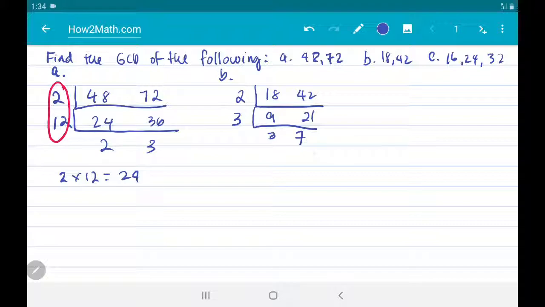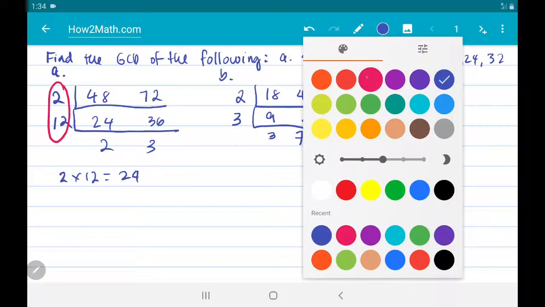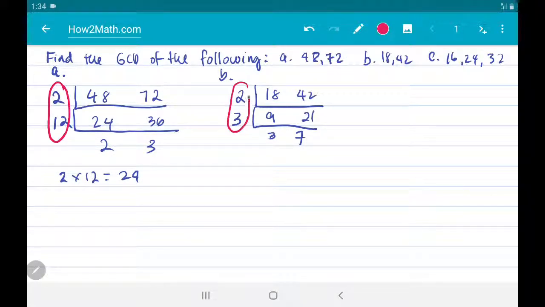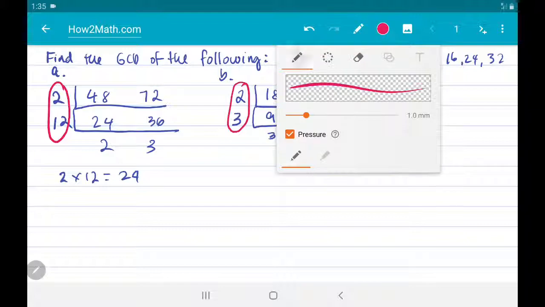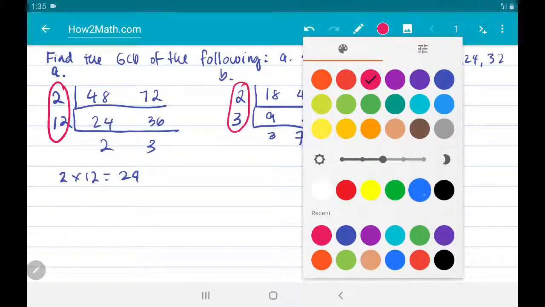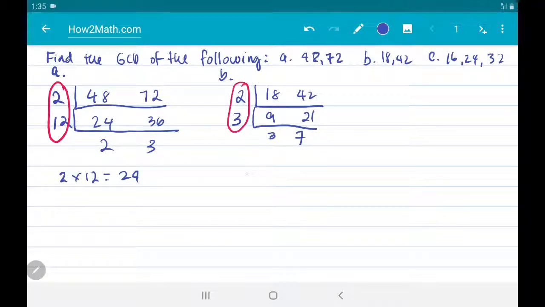So there's no more common divisor. The GCD is the product of 2 and 3. So GCD is 2 times 3, which equals 6.